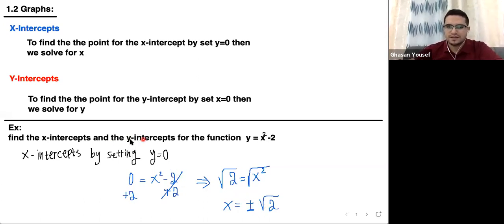Now, who will do the y-intercept, the second one? So we found the x-intercept. Just use this formula to find the point for the y-intercept by setting x equals 0, then we solve for y.